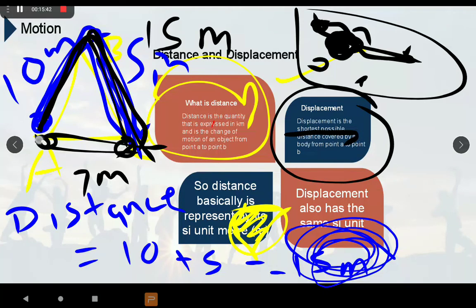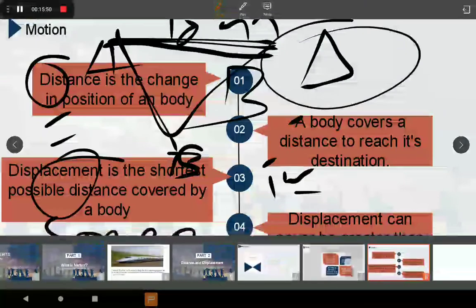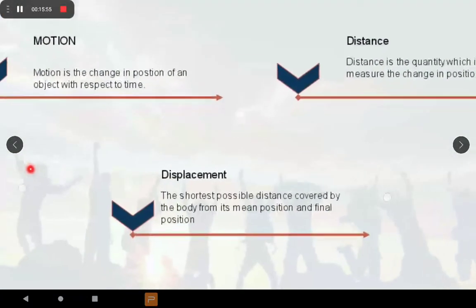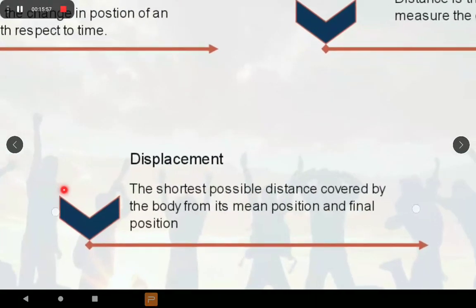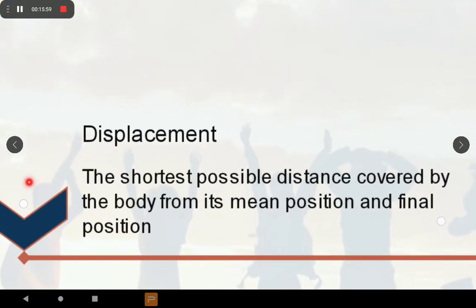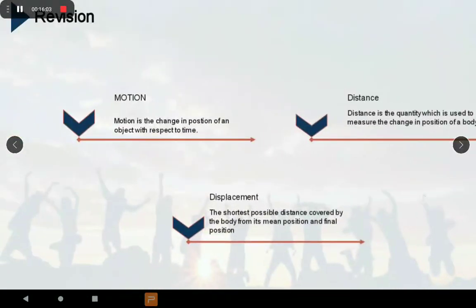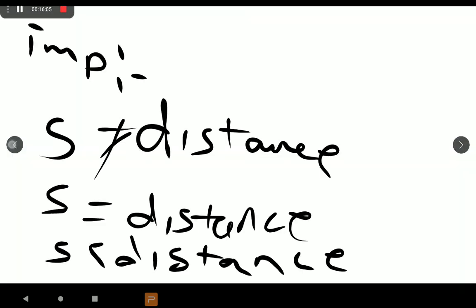The path which he took is the distance, but the short path which he took was the displacement. The shortest possible distance covered by a body from its initial to final position is known as displacement. Distance is a quantity used to measure the change in position of a body.